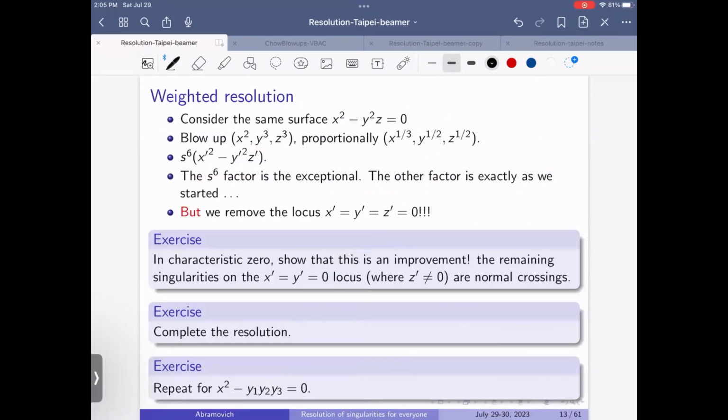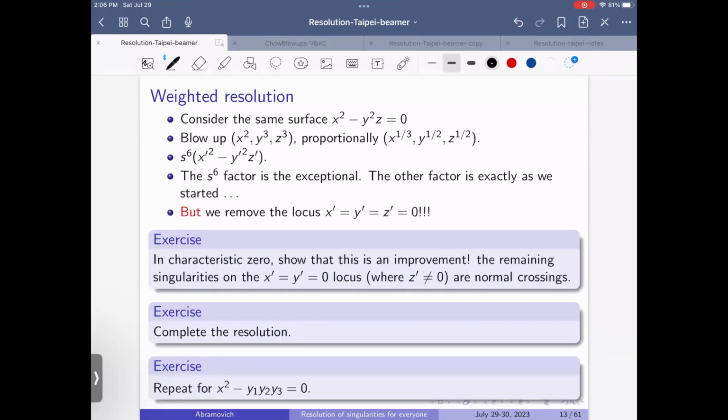And now, exercises that we can revisit later on. Yeah, I think we should have a chance to do some of the exercises. First of all, in characteristic 0, show that this is in fact an improvement, that the only remaining singularities are double points or normal crossing double points.